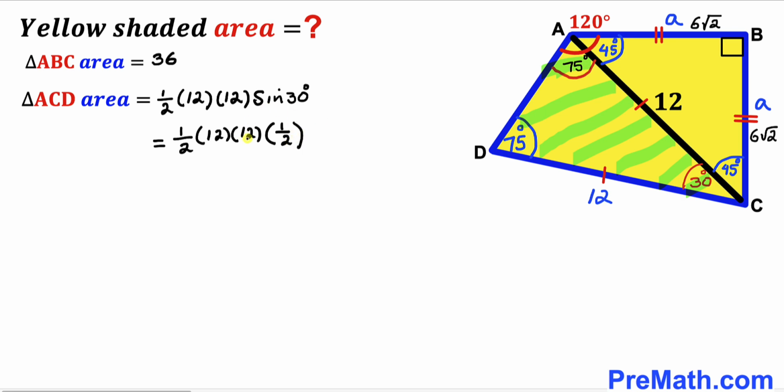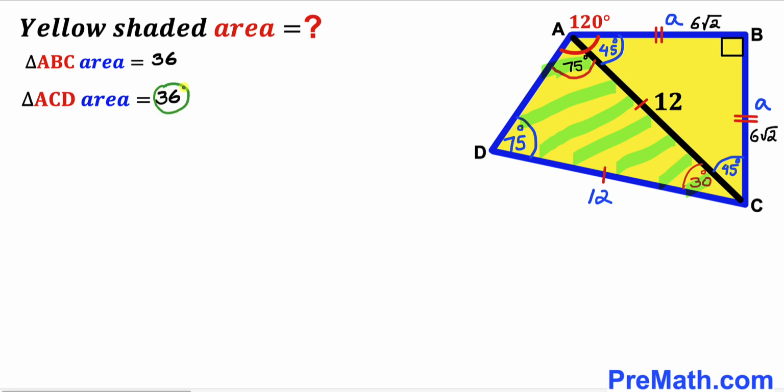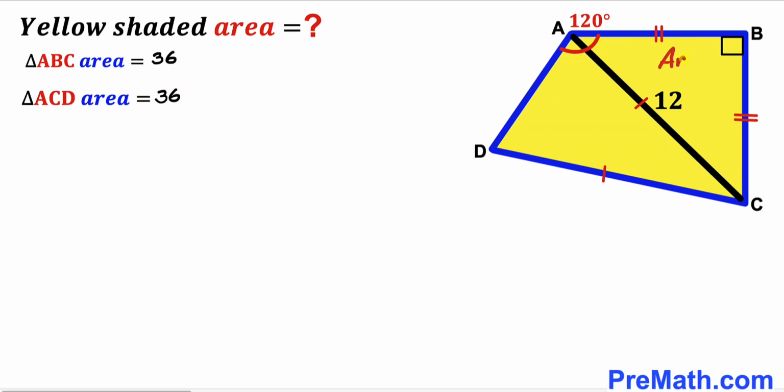And if we multiply and simplify the right hand side, that is going to give us 36 square units. So thus the area of this triangle ACD turns out to be 36 square units as well. So therefore the area of this triangle ABC is 36 square units, and likewise the area of this triangle ACD is 36 square units as well.